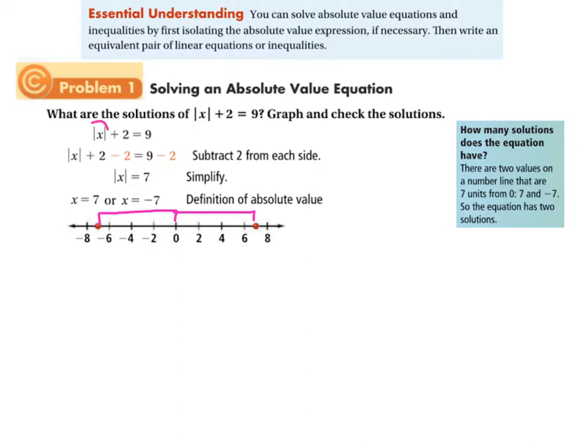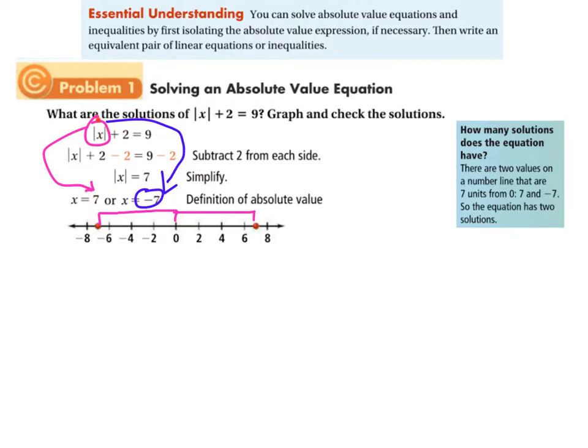So if you plug this in, the absolute value of 7 is 7, plus 2 more is 9. Or what's the absolute value of this number right here? If we took the absolute value of negative 7, we would also get 7. Plus 2 is 9.